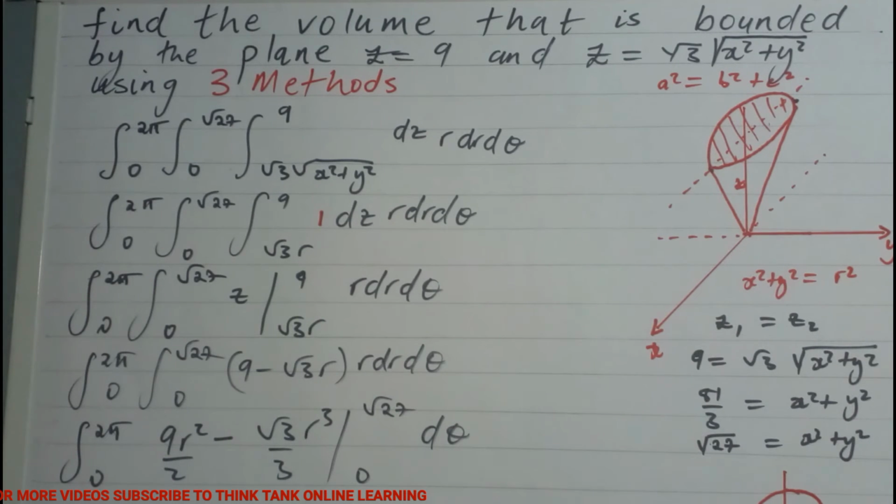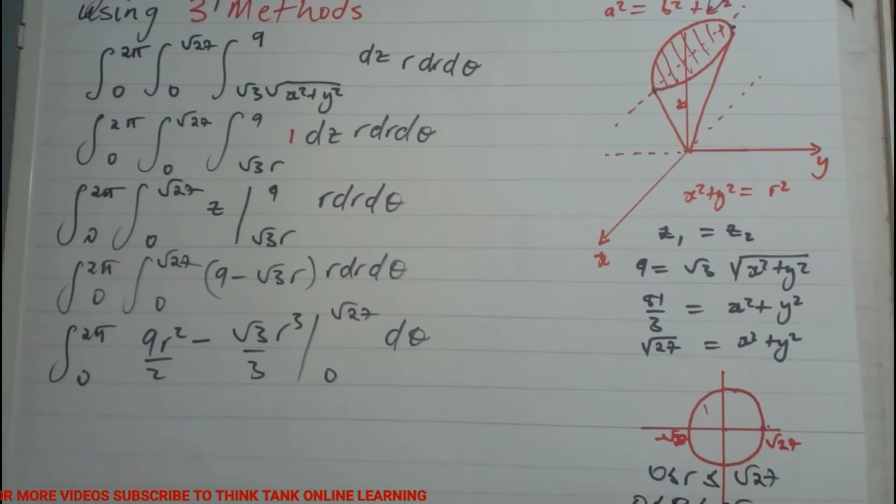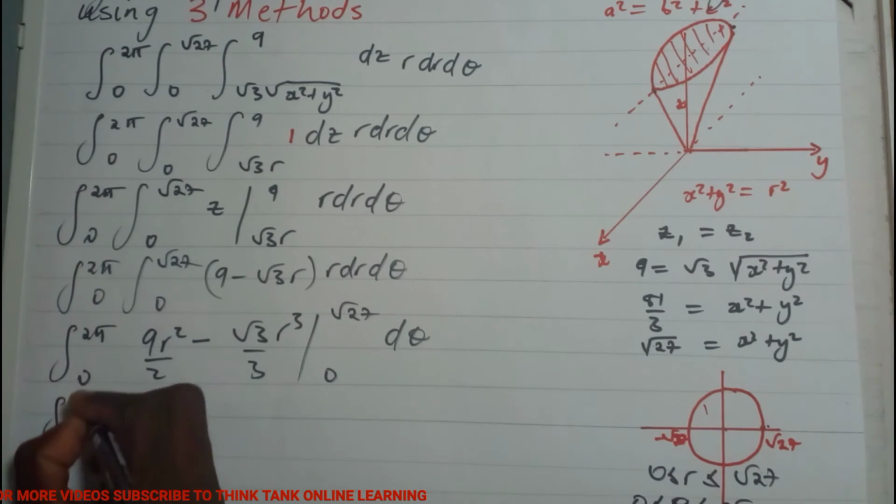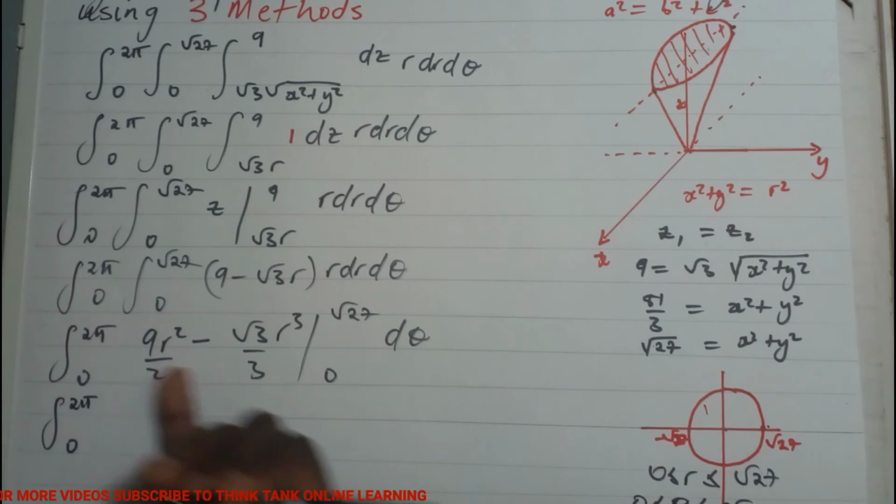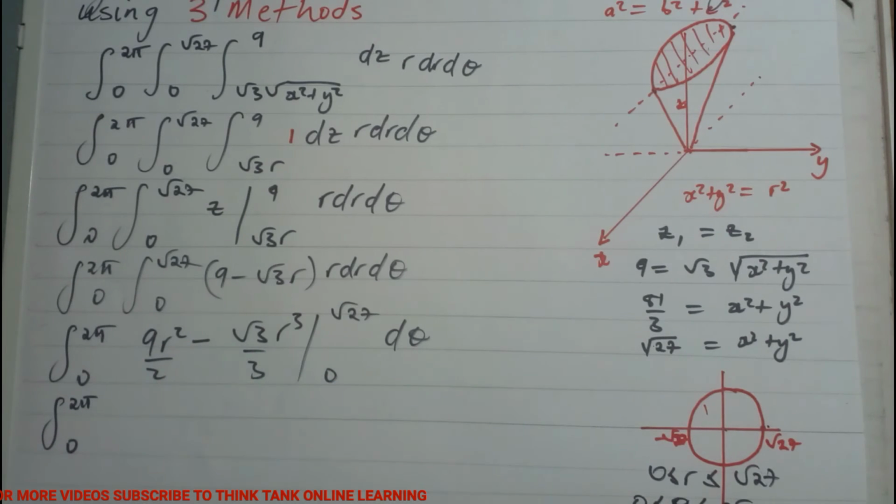Okay, and if we say upper limit minus lower limit, okay, here we have r squared, so that means 27, I'm just going to have 9 times 27 over 2. Here we have r to the power 3. Okay, so we're going to say root 27 to the power 3, and that is 81. So we're going to get 2 pi 0, and if you plug in 0, we're going to get 0.